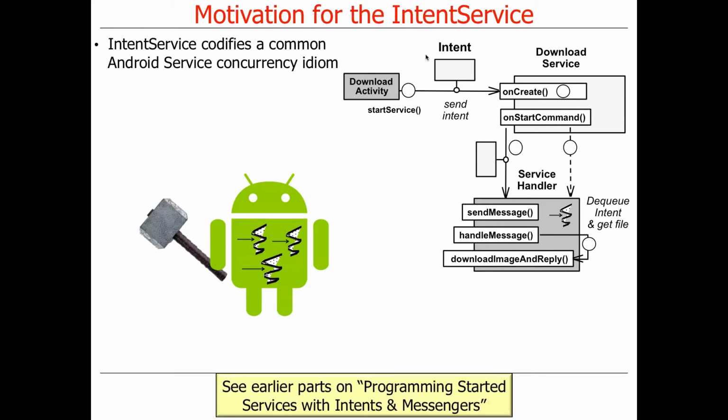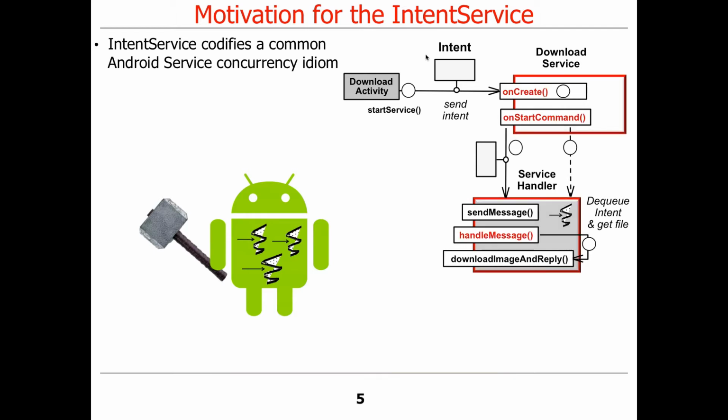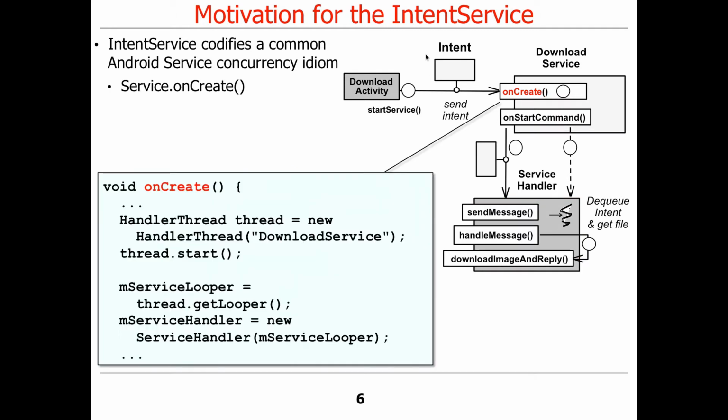The service has a couple of hook methods in it, like onCreate, onStartCommand, and handleMessage. These methods are all implemented to work together to take an intent that comes in from the activity, or whoever sent the intent, and put it in a background queue to run in the background thread. That's basically the idea.